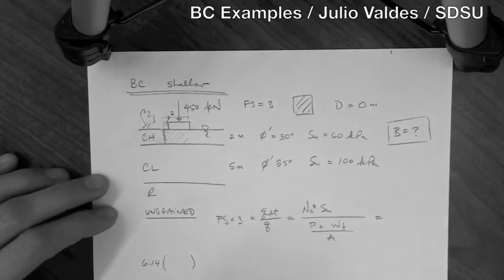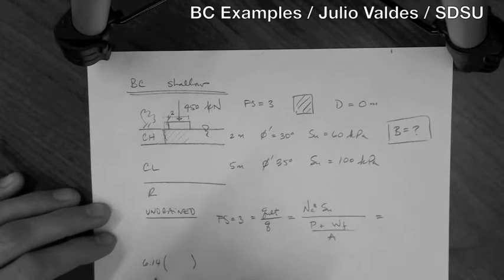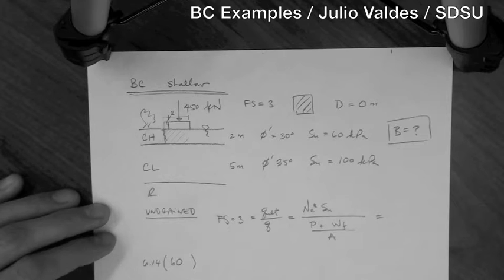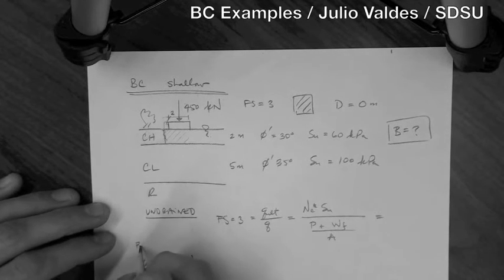Still, I should make it a little smaller, but anyway, you have to get the idea. So this is 60, right? Because the influence zone again is 2 meters because we adopted a B equal to 2 meter guess.